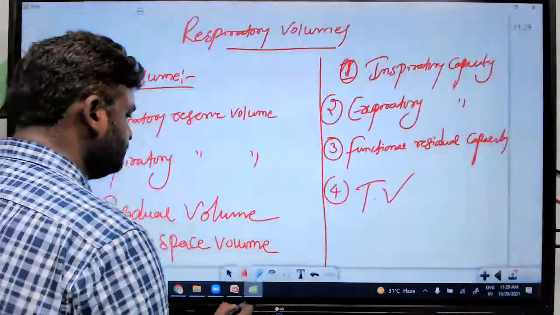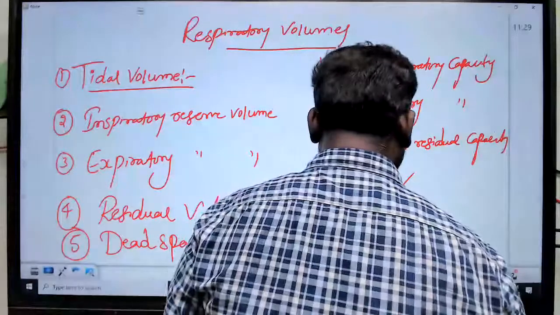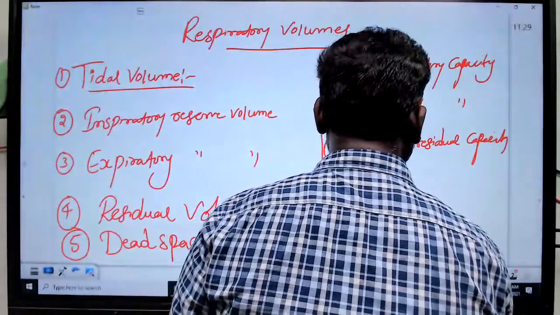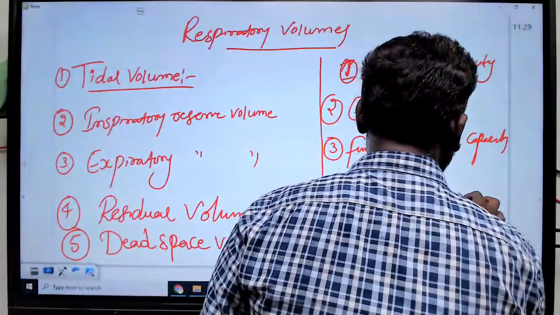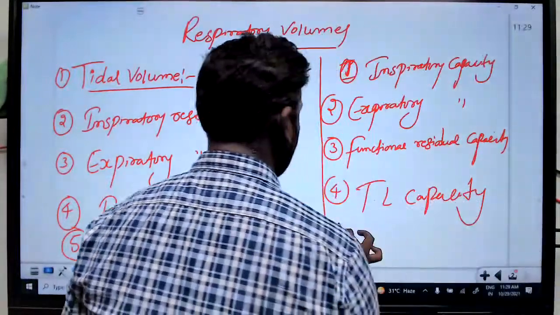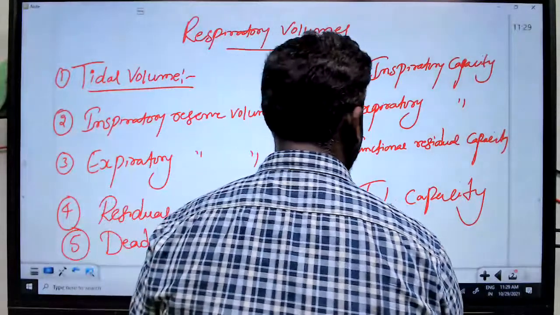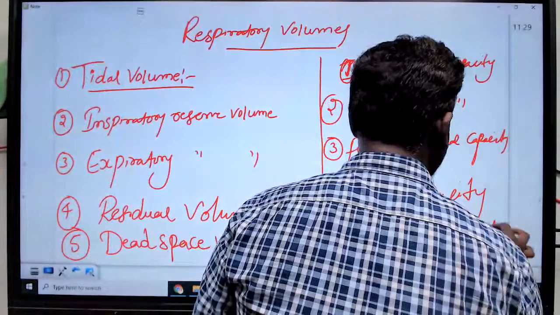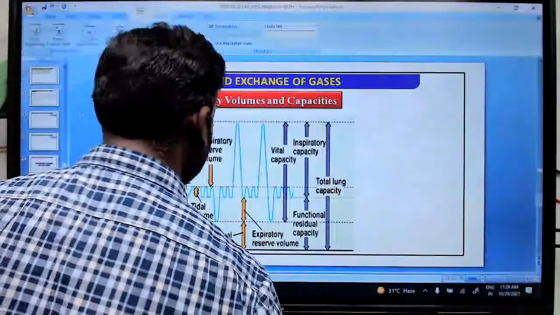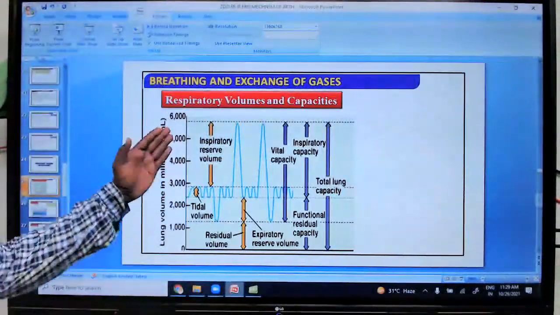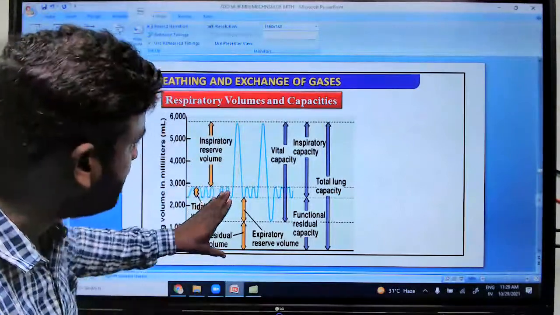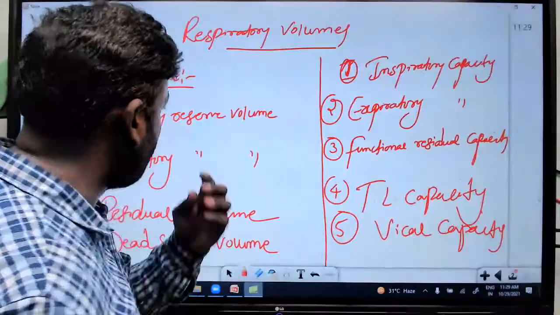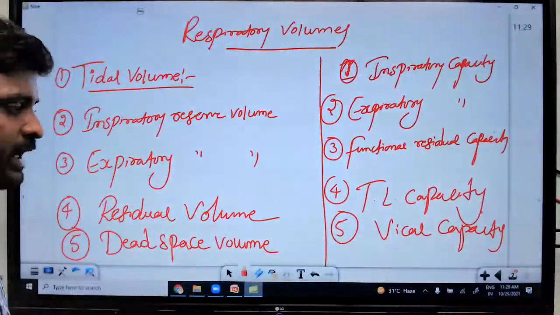So here, total lung capacity, and the last one is vital capacity. These are the different types of capacities as I showed you now. So let me discuss the first one today, the volumes.